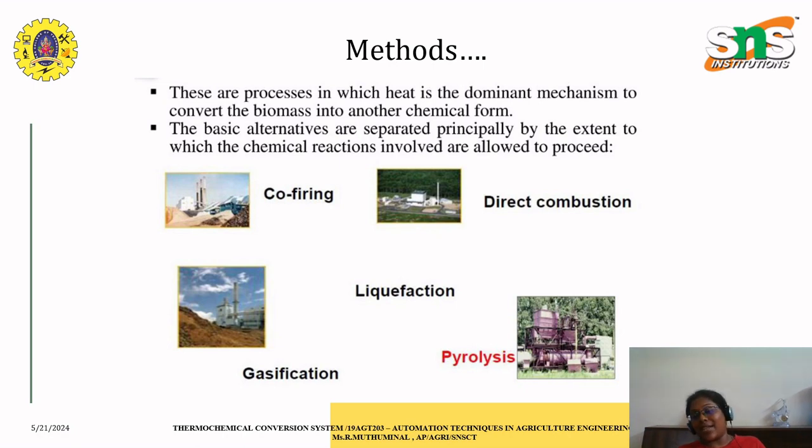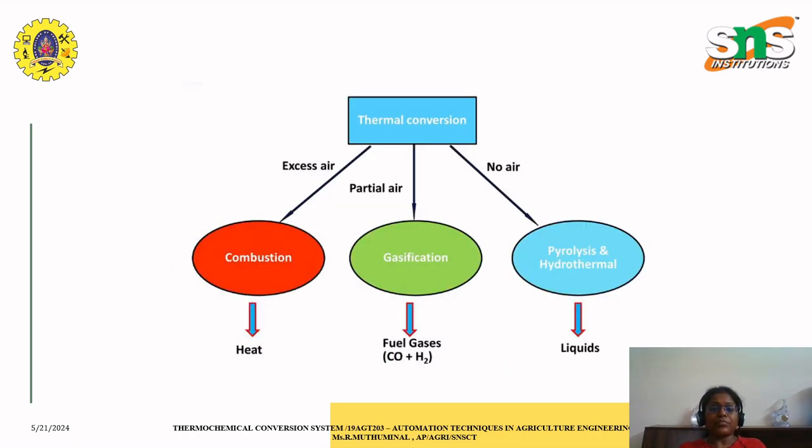These two are the techniques utilized in several industries for obtaining the product heat from the industrial solution. And gasification, liquefaction and pyrolysis also play a major role in converting the biomass into another chemical form.